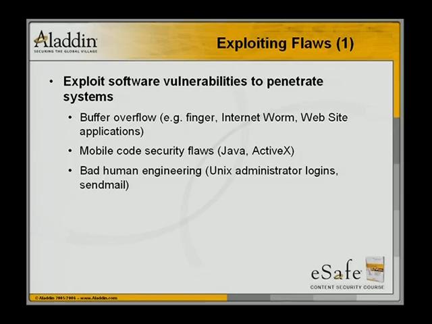Okay, so let's see a little bit about exploiting flaws. Exploiting software vulnerabilities to penetrate systems. When we gave the example of the Code Red worm, it was an example of a buffer overflow. A buffer overflow basically means that I have some block of memory dedicated to running an application, and a buffer overflow means that I don't have any room left.